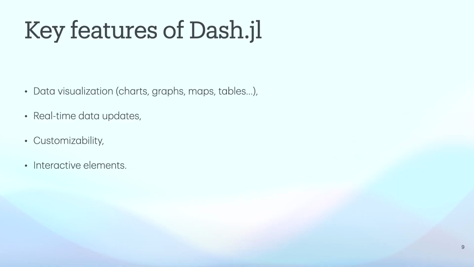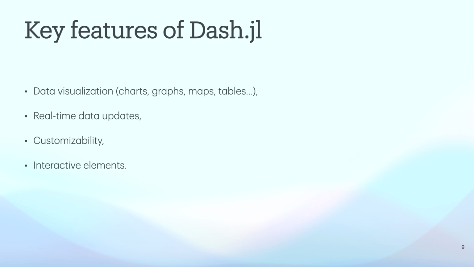The key features of Dash is that you can create visualizations like all kinds of charts and plots and maps and tables in it. It enables real-time data updates, so it is important when creating a real-time alert system, for example. You can also be creative with the layout.